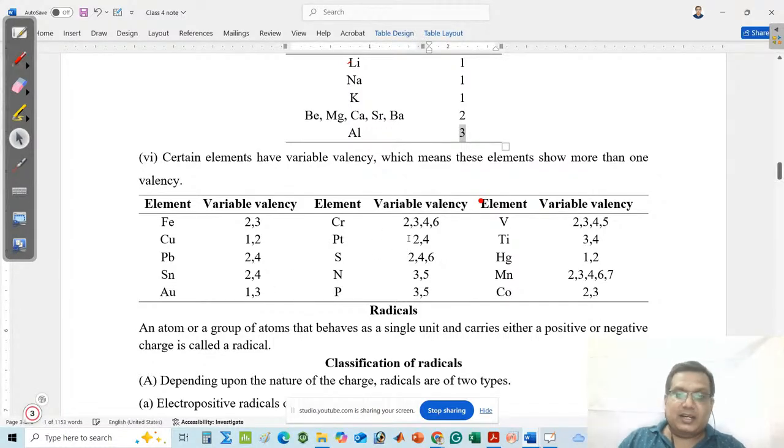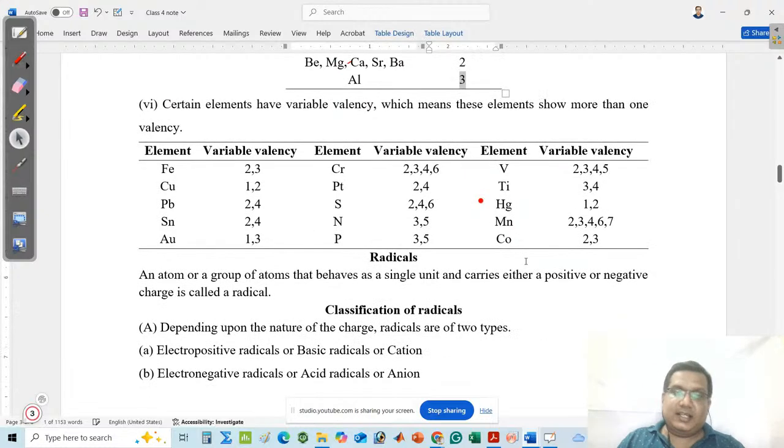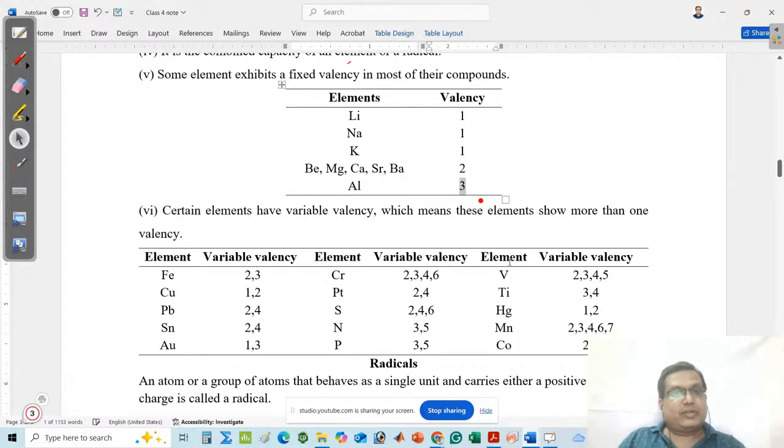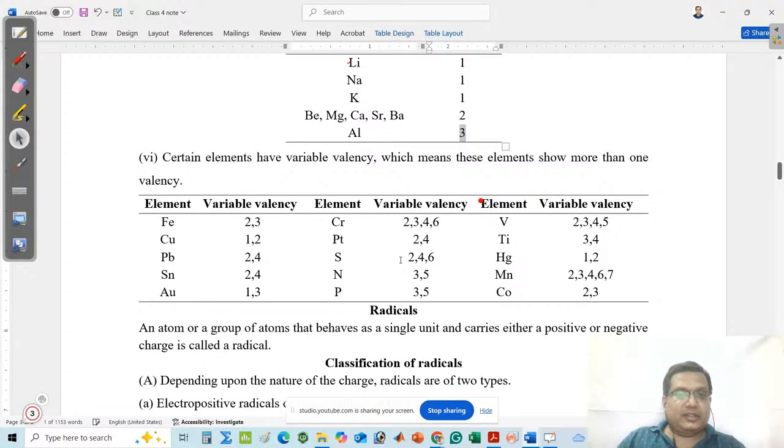Here I have given a list of elements and their variable valency. It is highly necessary to remember the valency of an atom. Otherwise, you cannot write the formula of a compound. So, it is highly necessary to remember the valency of each element.